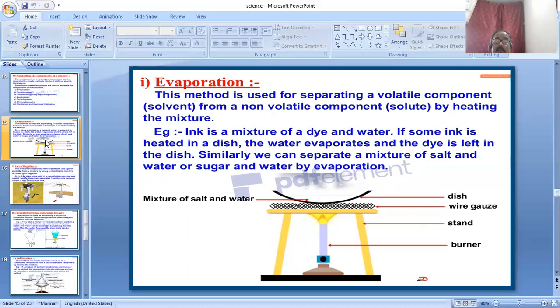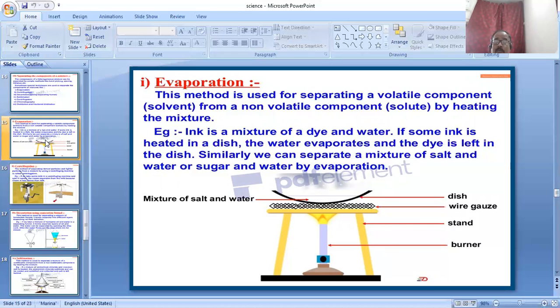For example, ink is a mixture of dye and water. If some ink is heated in a china dish or crucible, the water evaporates and the dye is left in the dish. Similarly, we can separate a mixture of salt and water, or sugar and water, by evaporation.